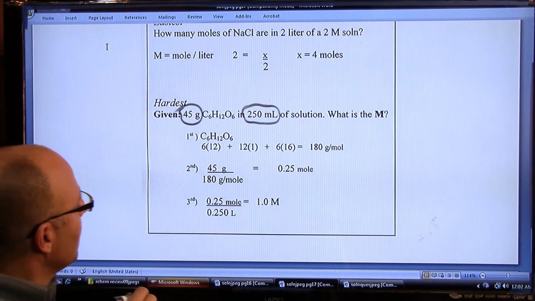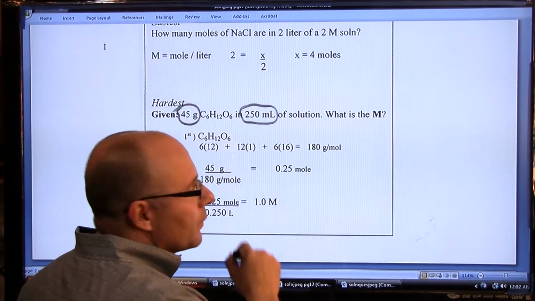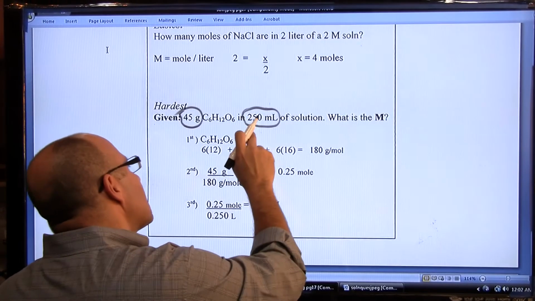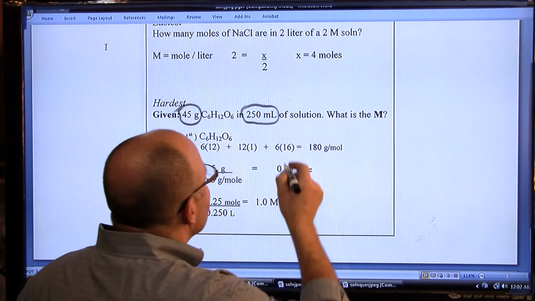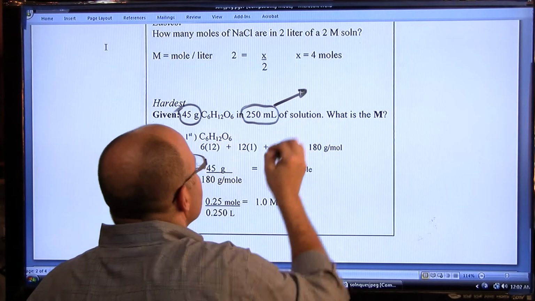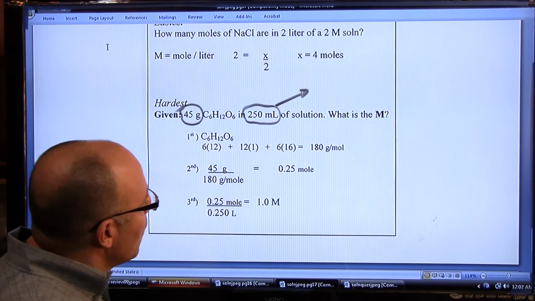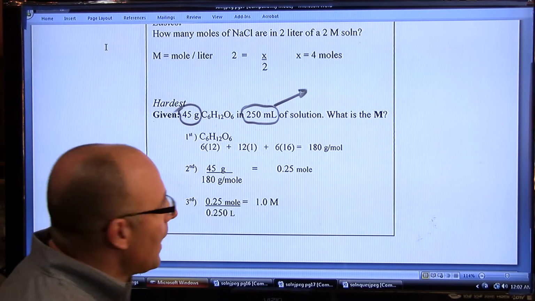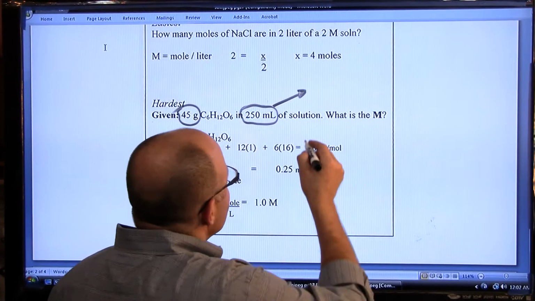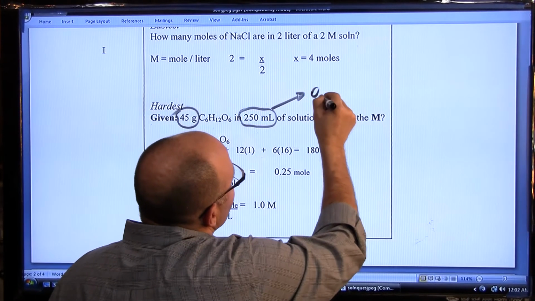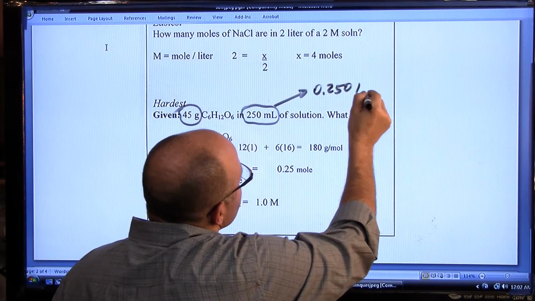The first thing we could do, before we start doing a mole calculation, is convert these 250 milliliters to liters by simply moving the decimal place 3 places to the left. Because if you recall, 1 liter is 1,000 milliliters. So you're dividing by 1,000, and you get 0.250 liters.